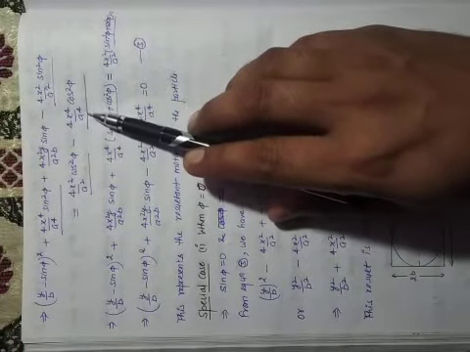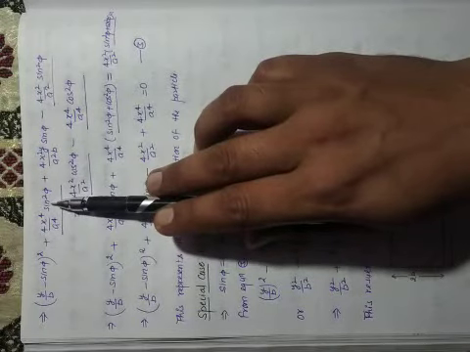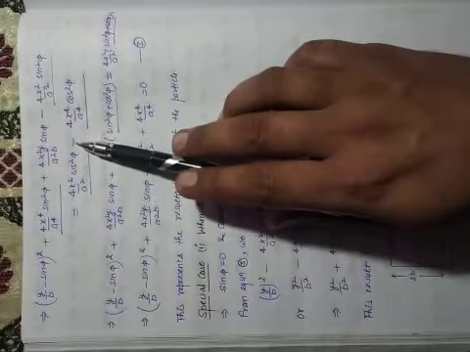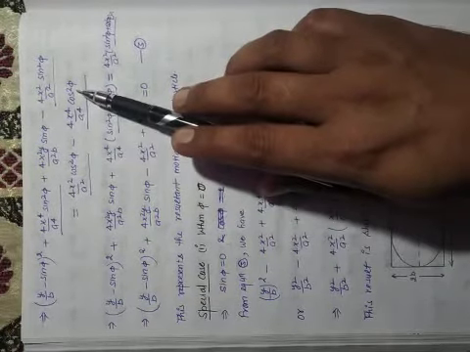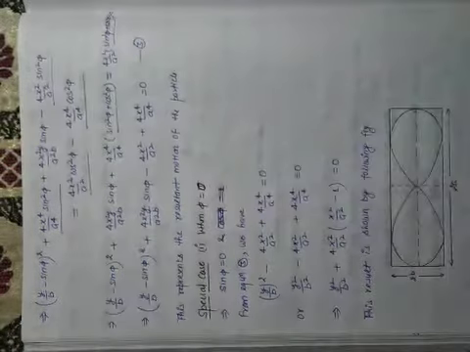Okay, so take it common from this, and you have sin square phi, and when you take this term onto the left hand side, this term will become positive, and cos square phi will also become positive. So sin square phi plus cos square phi gives you 1.